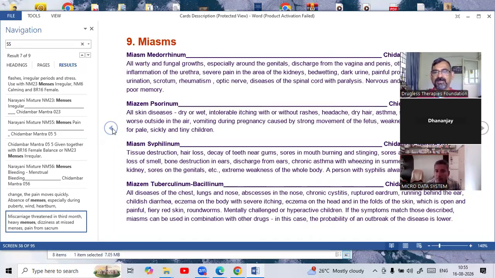What do you give for improving the general health? Mixture number 12 for all the 12 tissue salts, mixture 63 for all the energy, mixture 90 for having good nutrition, and male balance and Soham male.